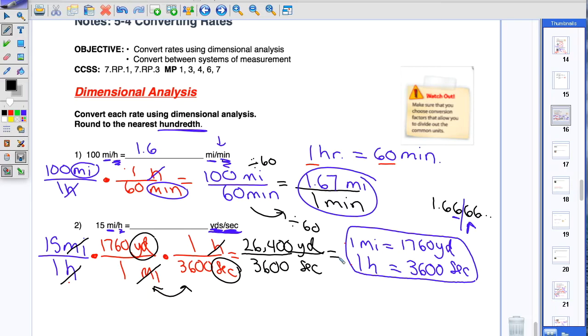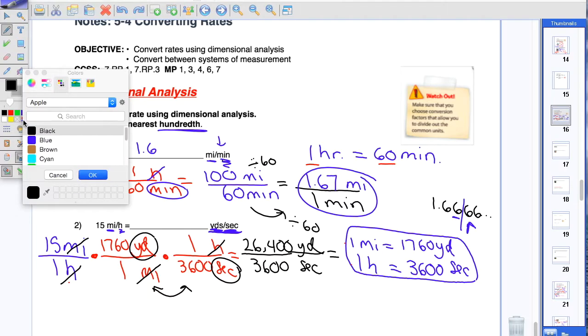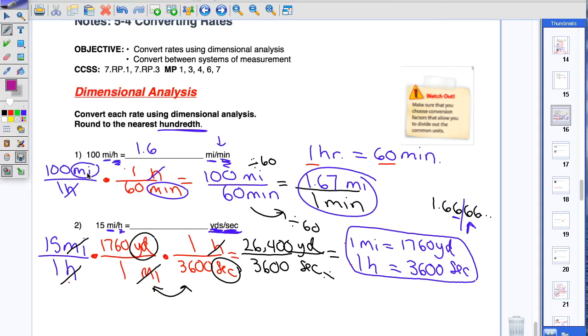So now we need to find out what the unit rate is. So we divide the numerator and the denominator by the denominator. So we're going to divide the numerator and denominator by 3,600. We'll put our work below. When we divide the denominator by itself, we get 1. So there's our 1 second.